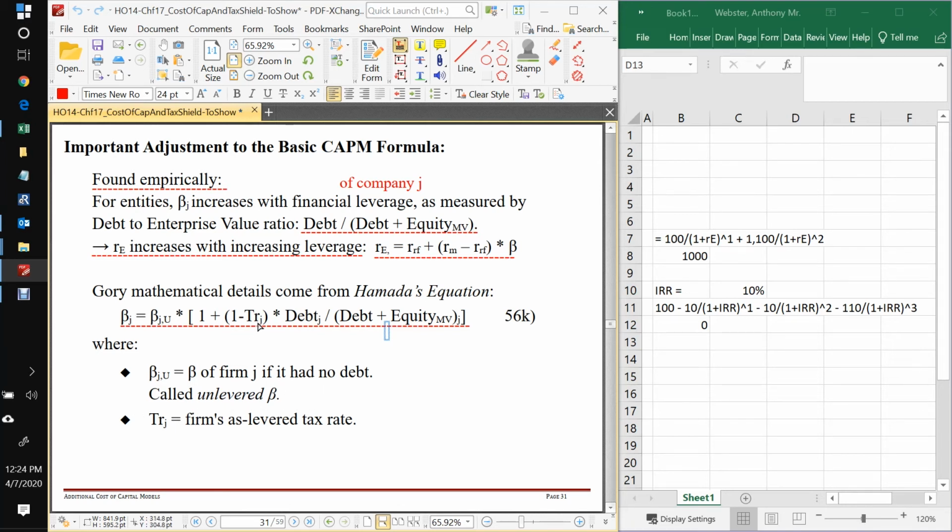And TR is the tax rate. So anyway, you don't need to know the gory details of the math. I just wanted to show you how it is modeled, and this is actually a pretty reasonable model. Don't need to know this equation, but you do need to know this concept.